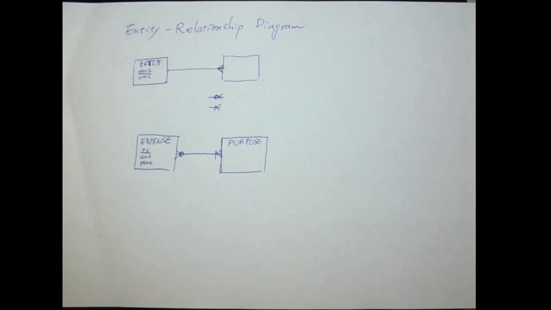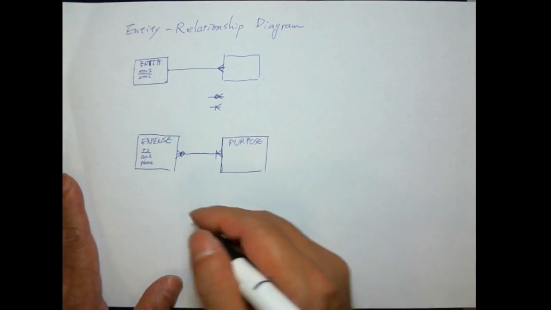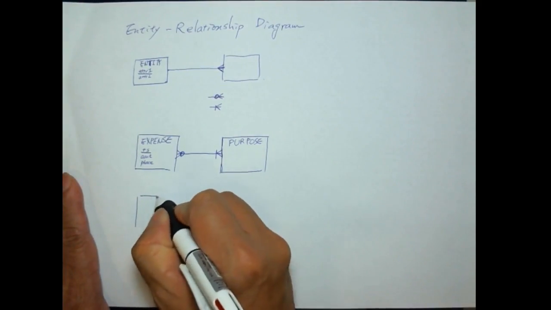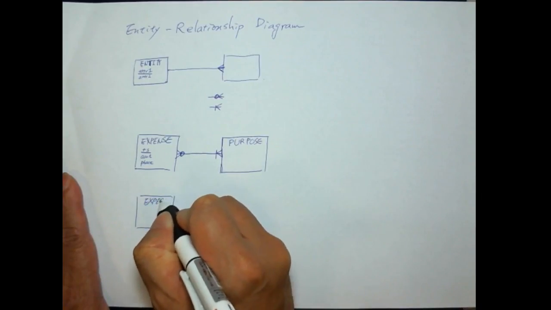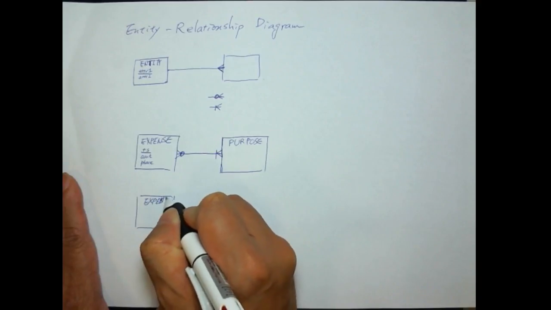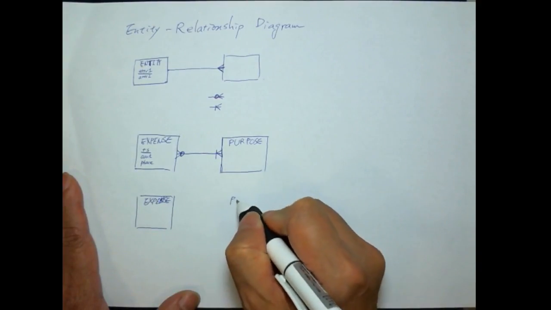Because in the relational model, remember we have the primary key, foreign key relationship. So it's basically a one-to-many relationship. So let's transform our diagram. The transformation is quite simple.